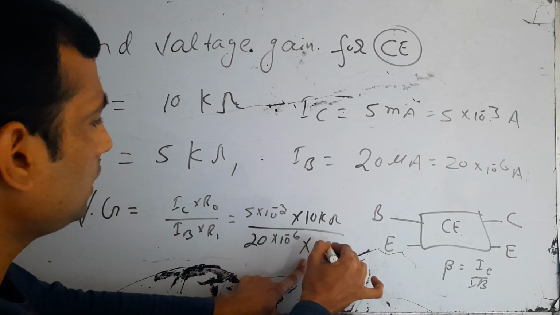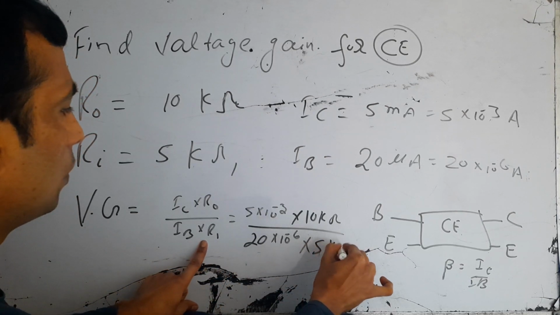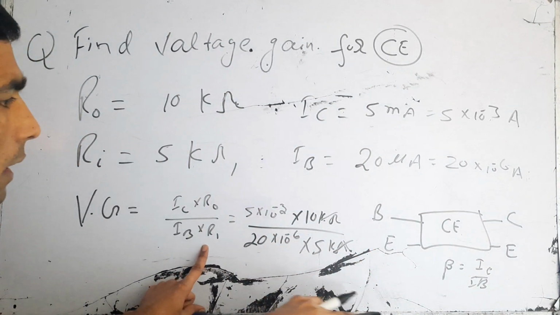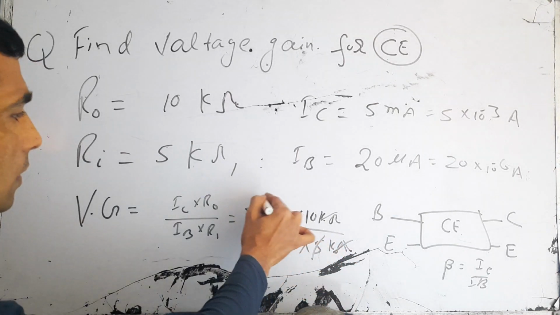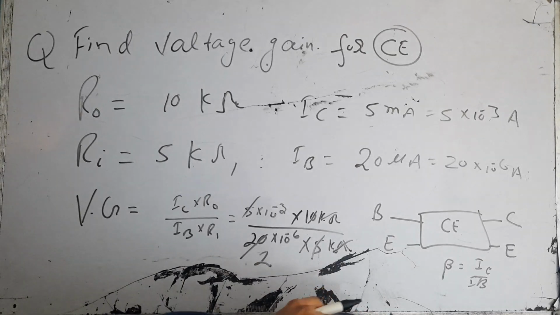And R input is 5 kilo ohm. Again the units cancel, right? So students, just solve. 5 cancels, 10 over 20 becomes 1 over 2.